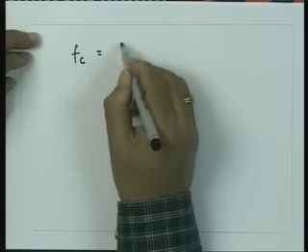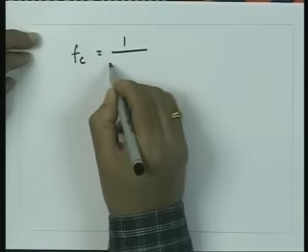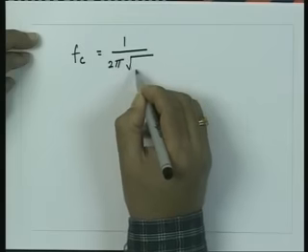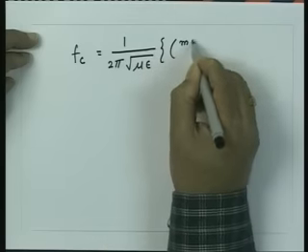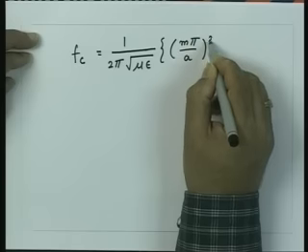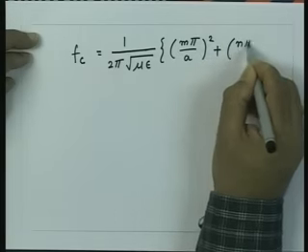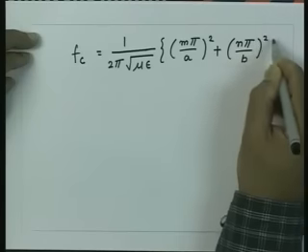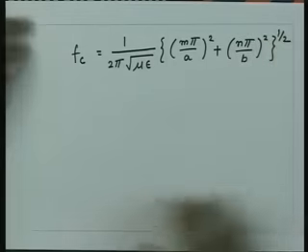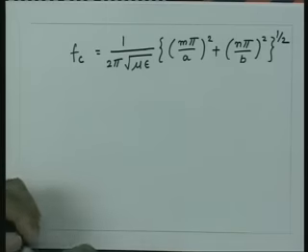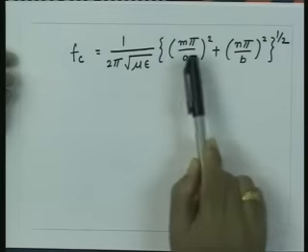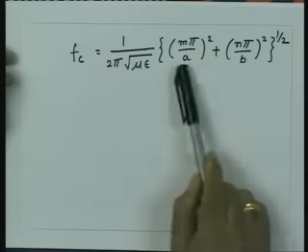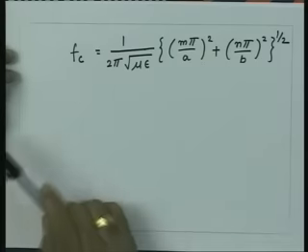So, I get the cutoff frequency f c, that will be 1 upon 2 pi square root mu epsilon, into the square root of (m pi by A) whole square plus (n pi by B) whole square. So, now knowing the mode order, that means the values of m and n, and the dimension of the waveguide, I can find out the cutoff frequency for a particular mode.